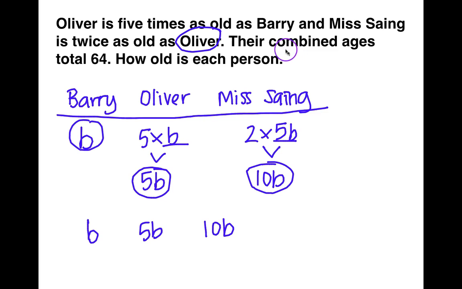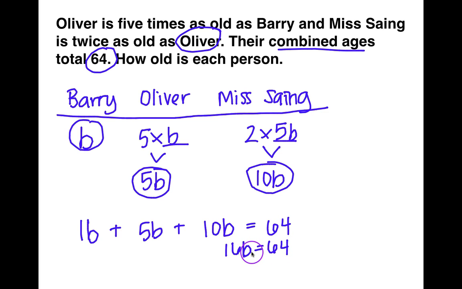Well, it says their combined ages total 64. So if I add these ages together, it should equal 64. Now I'm going to go ahead and combine like terms. This is basically 1B. 1B plus 5B is 6B. 6B plus 10B is 16B. 16B equals 64.